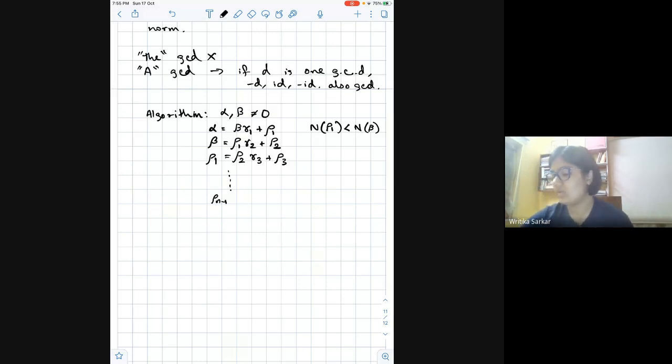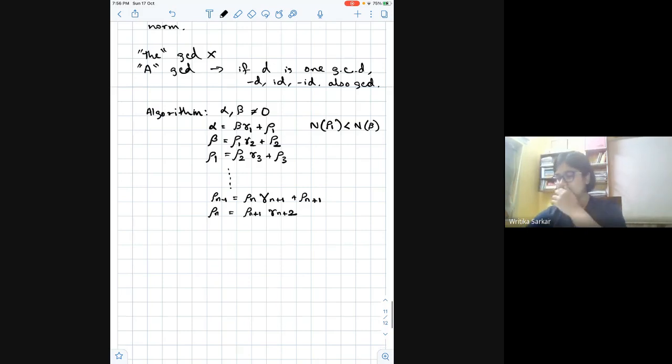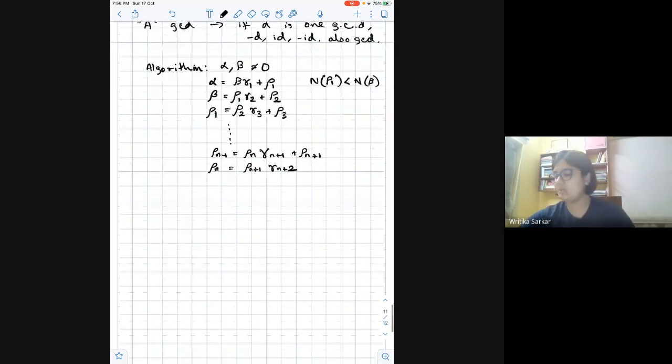So at the penultimate step, we divide rho n by rho n plus 1, and we get rho n equals rho n plus 1 times gamma n plus 2 plus a remainder. We keep doing this until the remainder is 0, because if the remainder is non-zero, we again apply the algorithm.